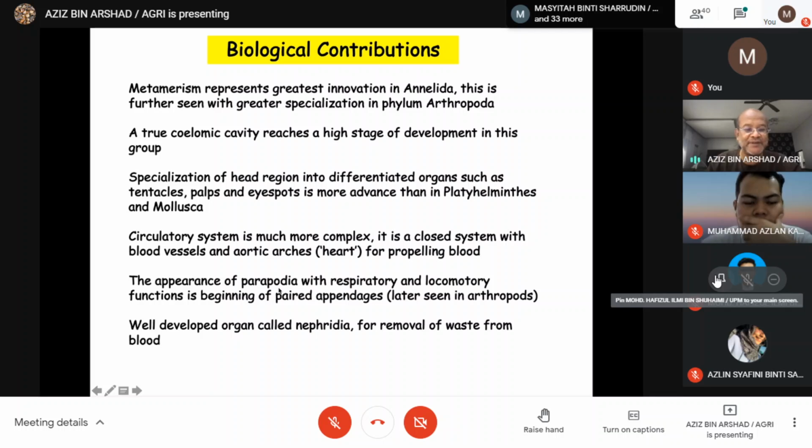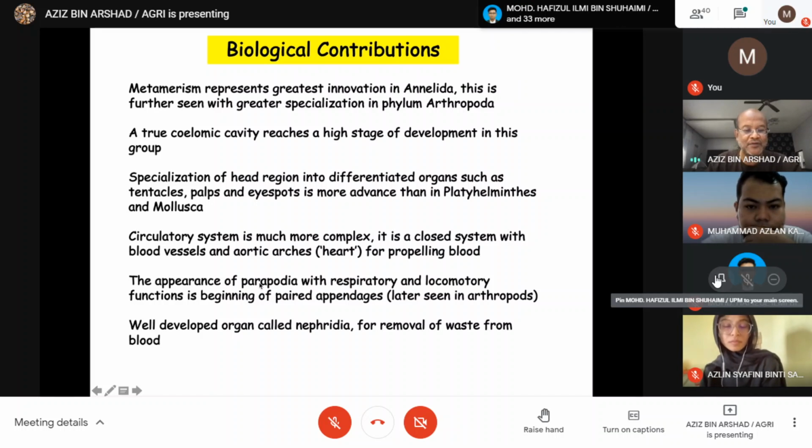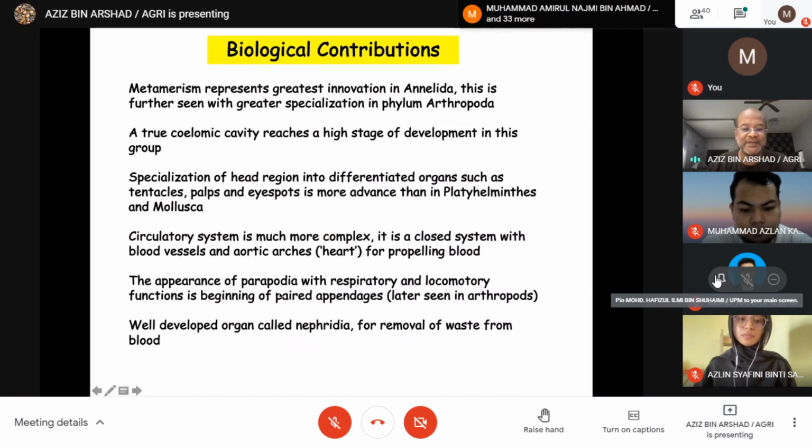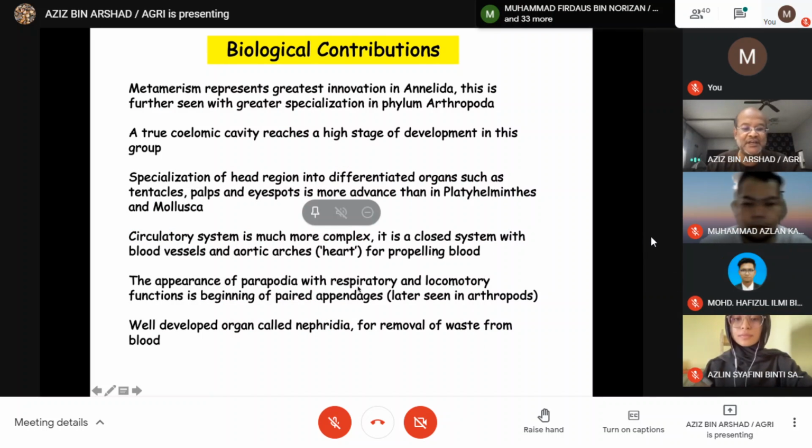The appearance of the feet, or foot, which is especially called parapodia, and this parapodia is equipped with respiratory and locomotory function.